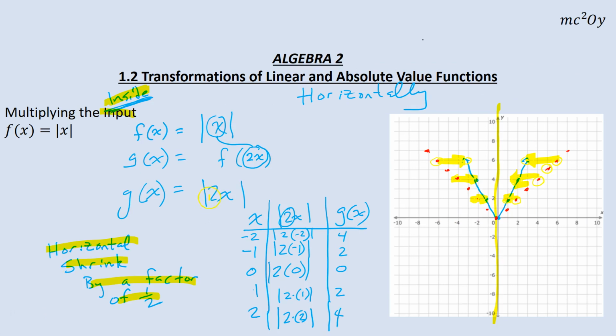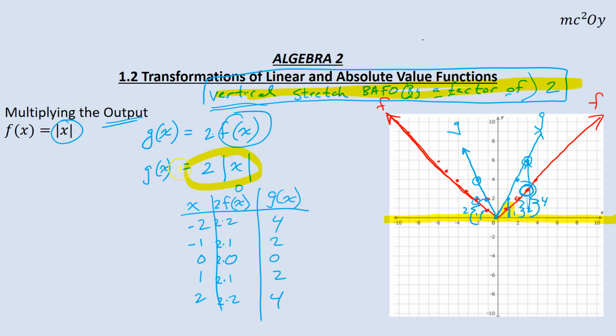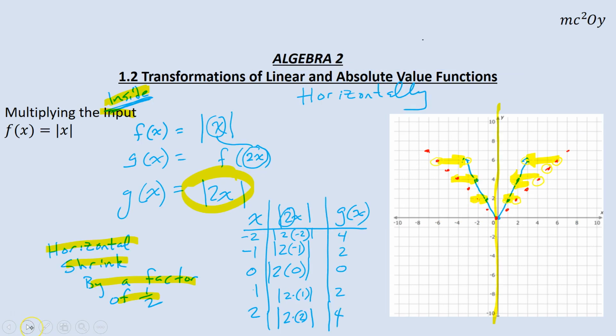It's just in your equations that they look different, but they're affecting the graph in the exact same way. That won't happen with every function, but it just so happens that it does with absolute value functions.